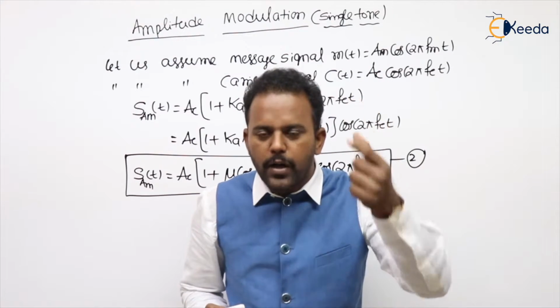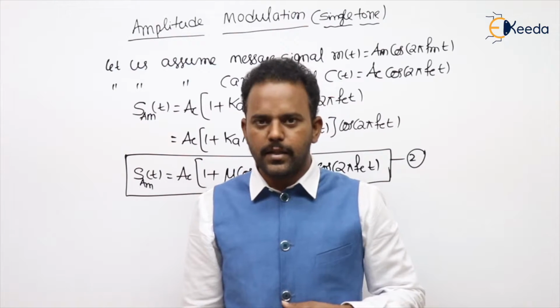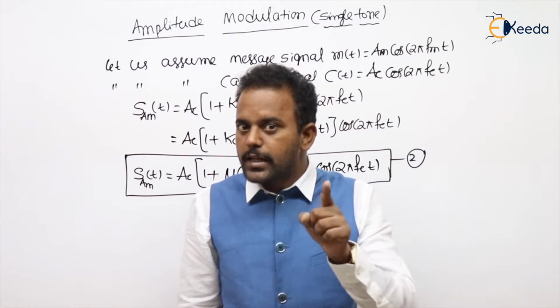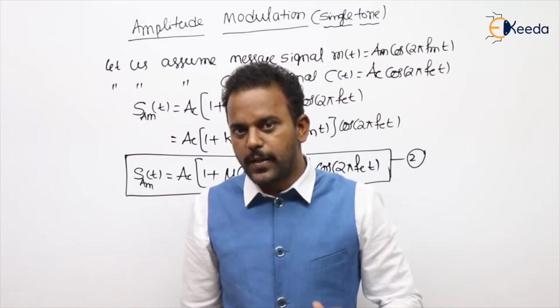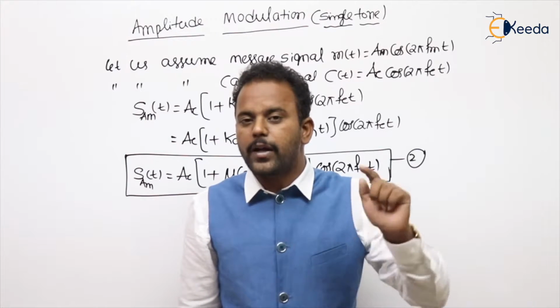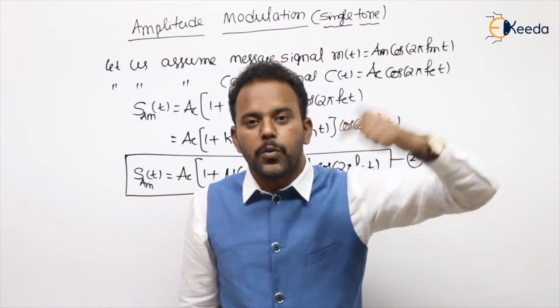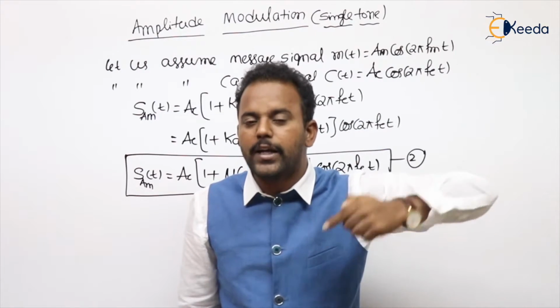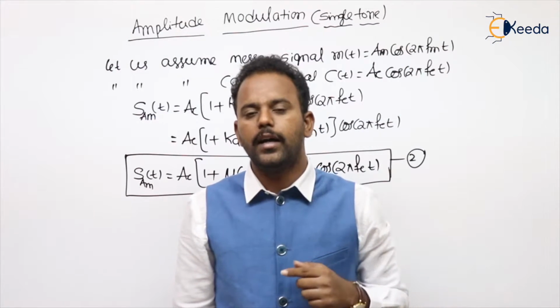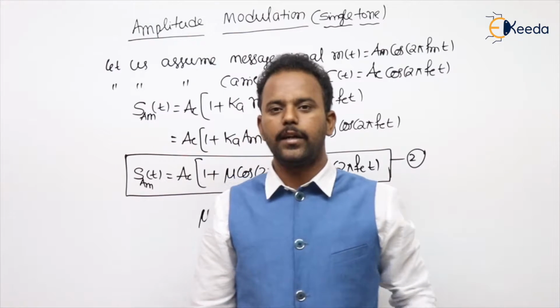We brought a term called modulation index, but there is no modulation index in DSB-SC, SSB-SC, VSB-SC. Only here we bring that concept, because for understanding envelope detection, a demodulation technique, we need to maintain the condition.